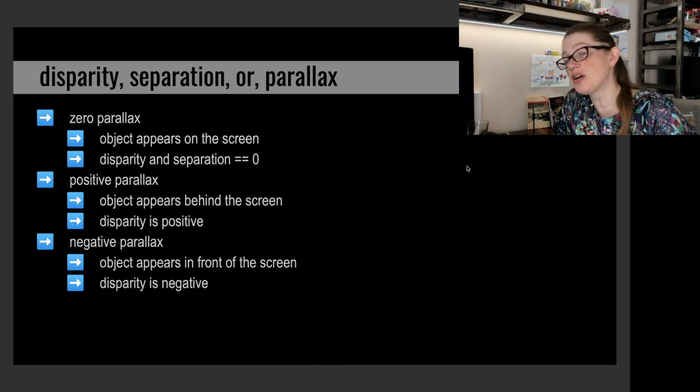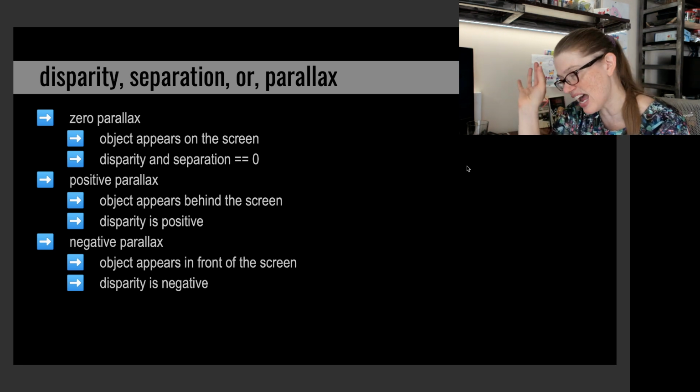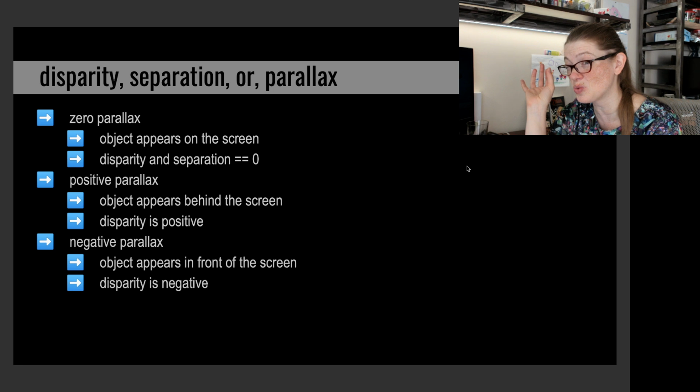Now, that's an interesting observation. There are a few more terms associated with disparity. We have the concept called zero parallax, and essentially that means zero separation, or the disparity is zero. Where that candle wick is in the left eye is exactly the position it is in the right eye. No separation.